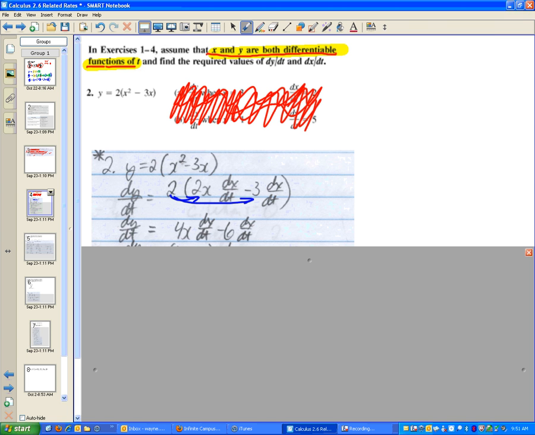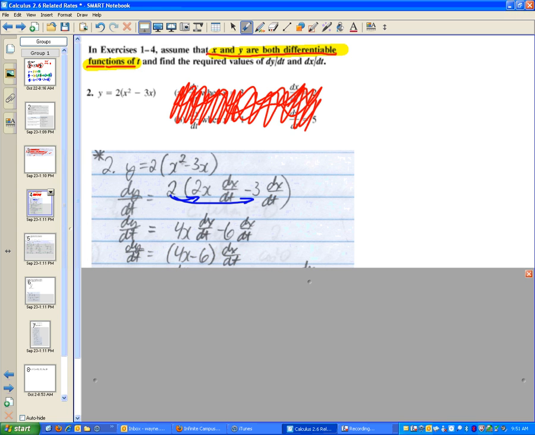I think the work would be simpler if I had 1 dx/dt instead of 2. How can I get 1 dx/dt instead of 2? Factor out the dx/dt. So dy/dt equals the quantity 4x minus 6 times dx/dt.